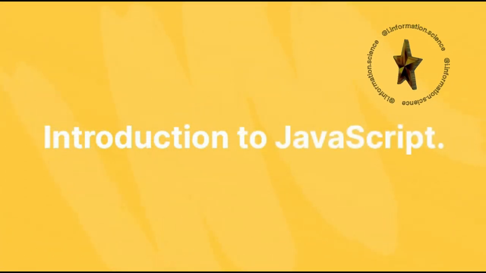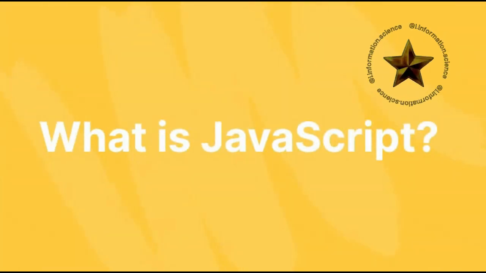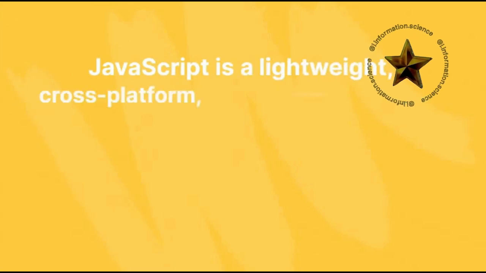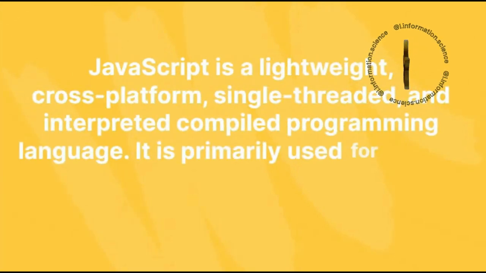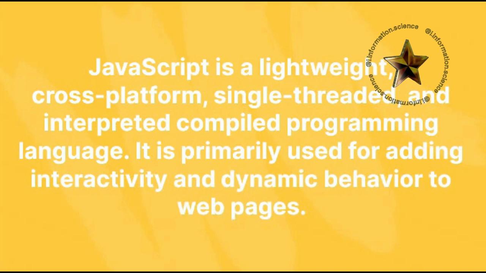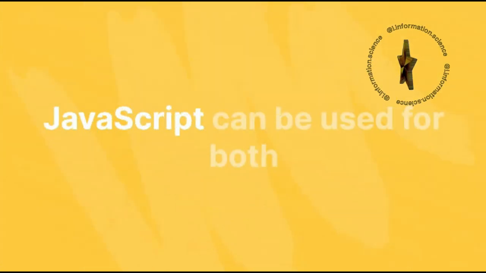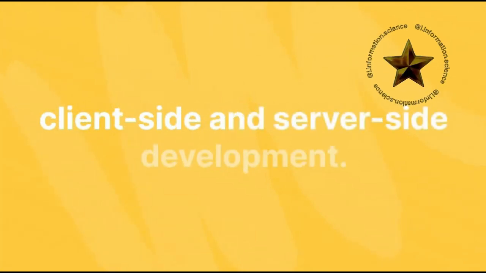Introduction to JavaScript. What is JavaScript? JavaScript is a lightweight, cross-platform, single-threaded, interpreted, compiled programming language. It is primarily used for adding interactivity and dynamic behavior to web pages. JavaScript can be used for both client-side and server-side development.